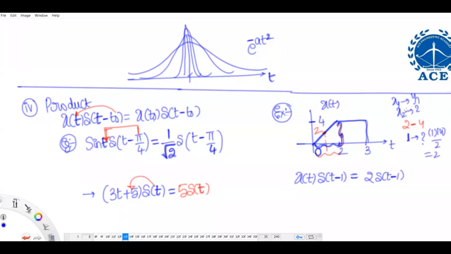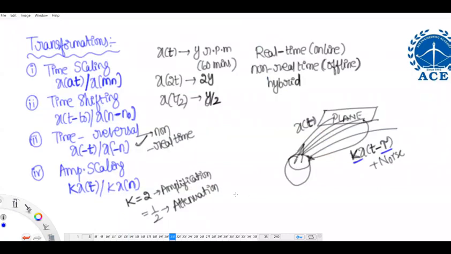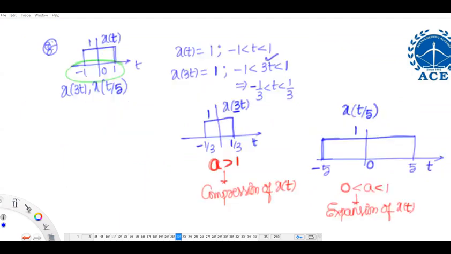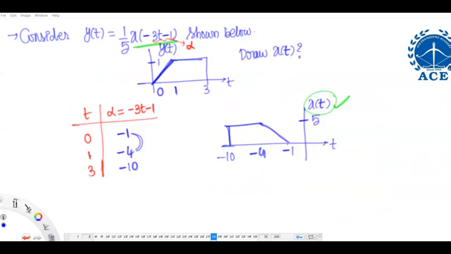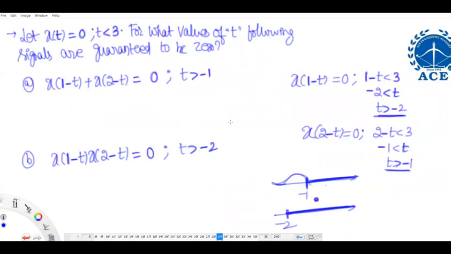And 21. Tell me. Sir, can you explain this once again? x of t is 0 for t less than 3. It is asked, if they create a new signal like x of 1 minus t, x of 2 minus t, for which interval are they guaranteed to be 0?